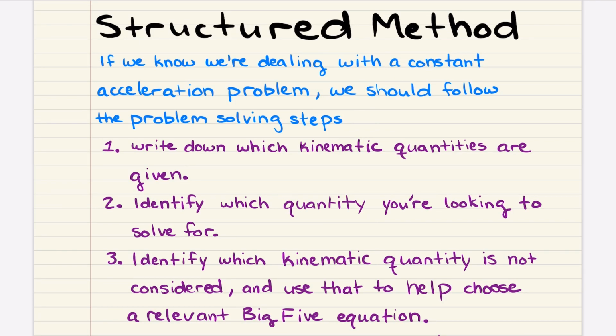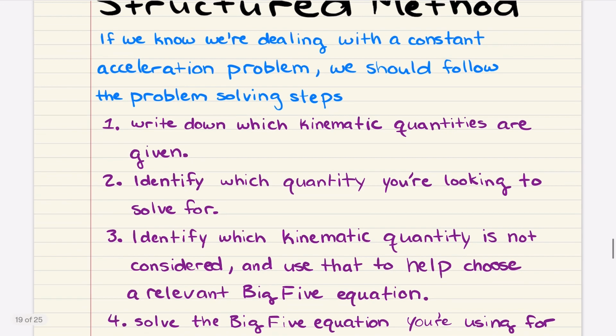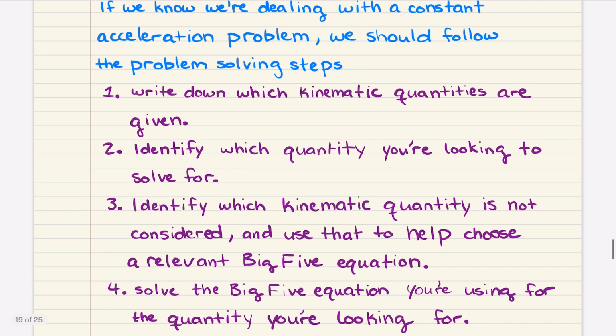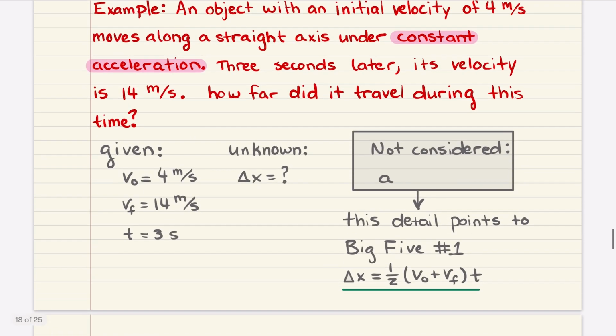So let's talk about the structured method that I just used for solving that problem. If we know we're dealing with a constant acceleration problem, we should follow the following problem-solving steps. First, write down which kinematic quantities are given in the problem. Then, identify which quantity you're looking to solve for. That's exactly what we did when we were solving this problem.